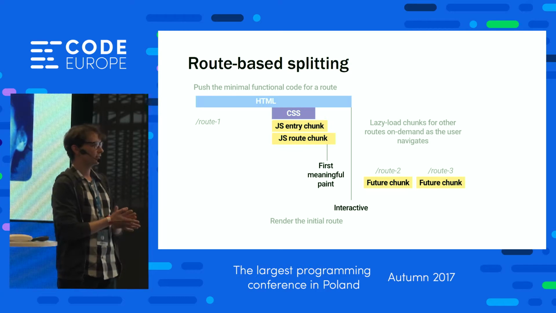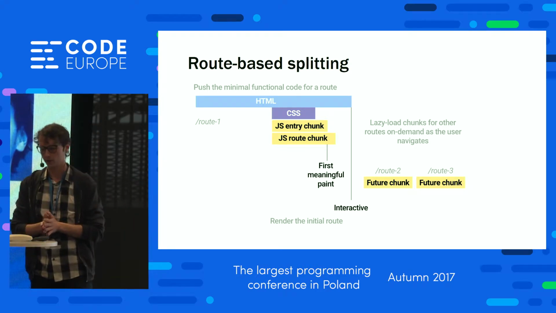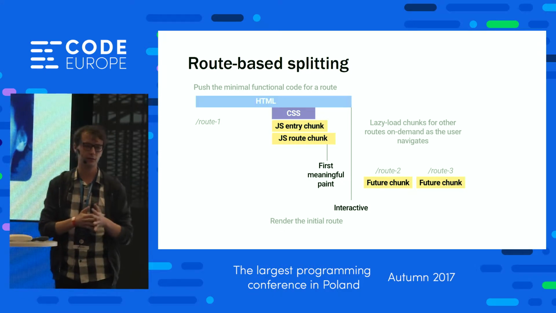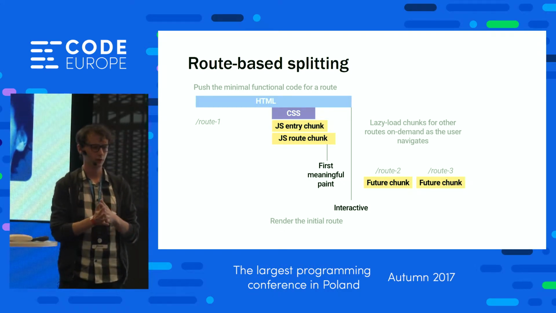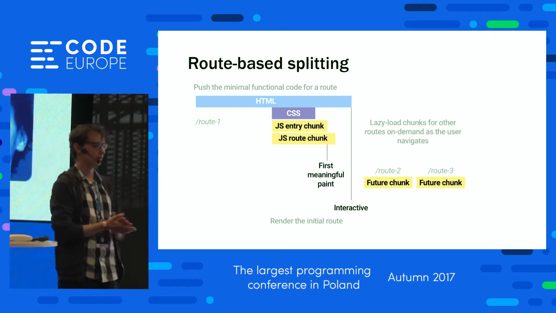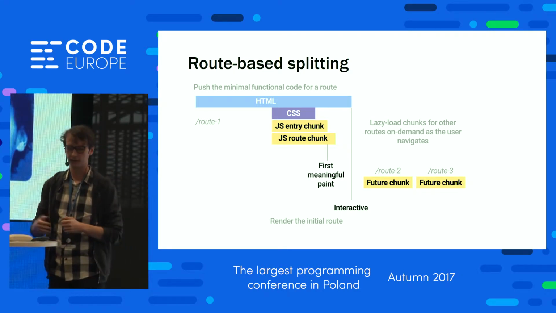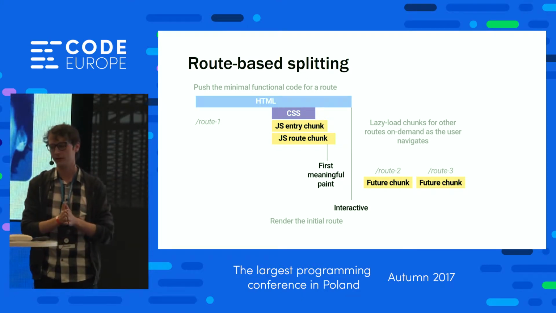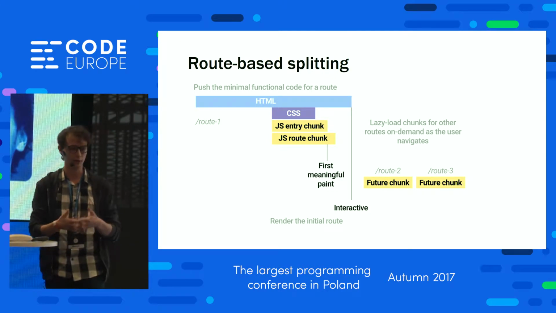One way to do this is so-called route-based splitting of your code. In this approach, you want to, on the build time, split your code into chunks that represent different routes that the user can take. When the user is entering route 1, as in this example, you are loading him HTML, CSS, some entry chunk of JavaScript that is fundamental for your application, and then the chunk related to the route that he's taking.